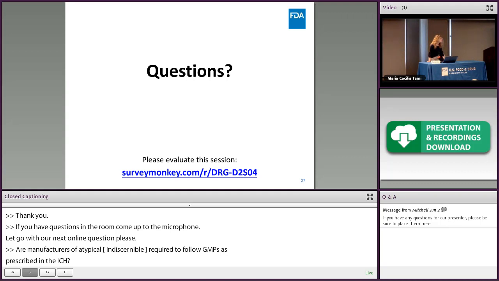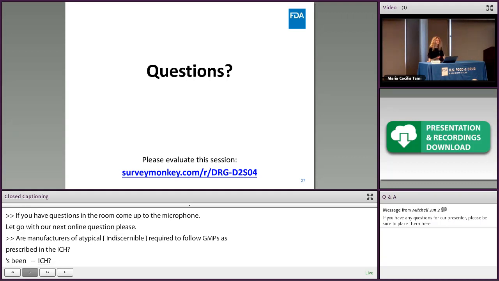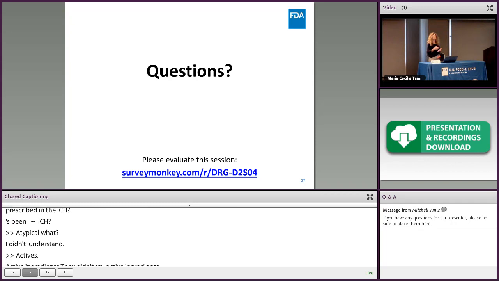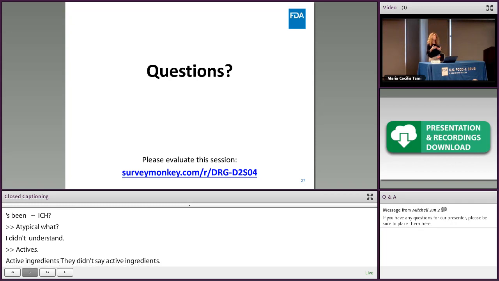I didn't understand atypical. Atypical actives, active ingredients. I think I come back to what I try to convey, that is basically phase-graded GMPs. ICH generally are for licensed product when you get to licensure.